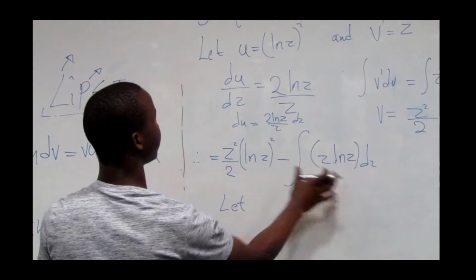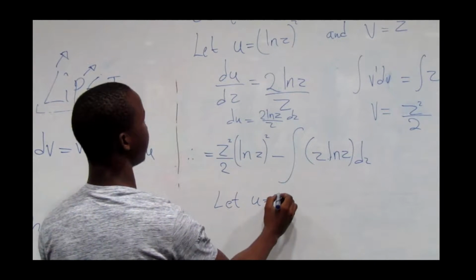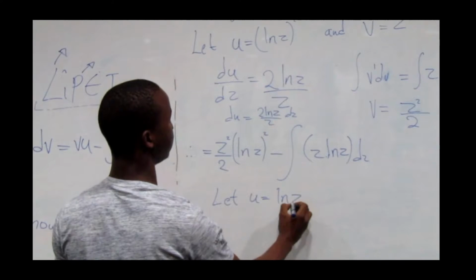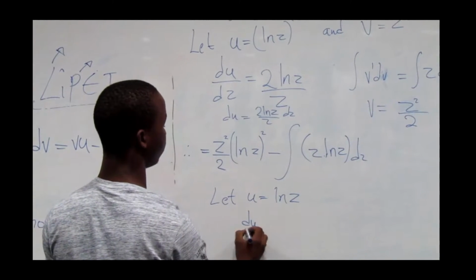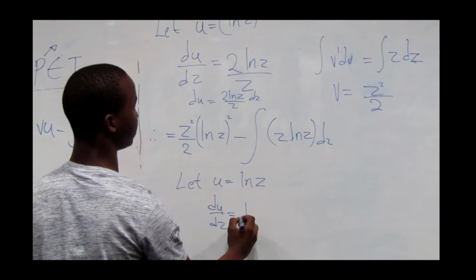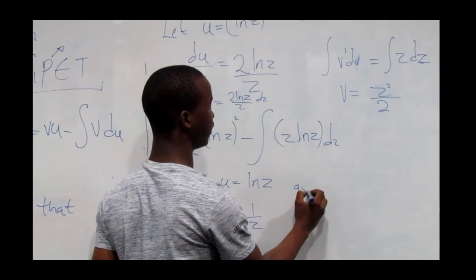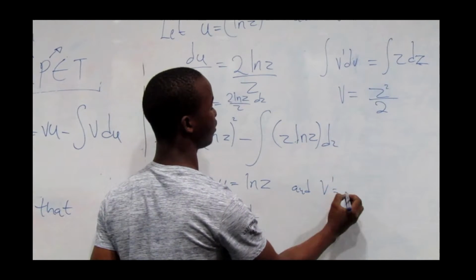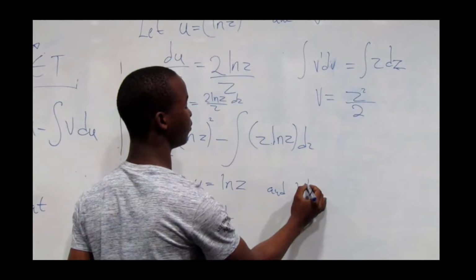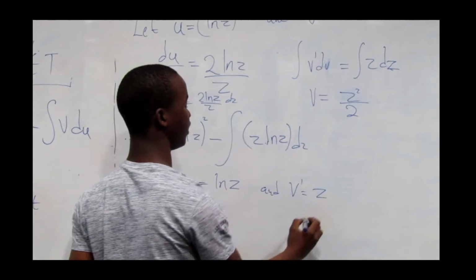Then we're going to say let u be our ln, because it's the first letter that we are having. We take this equation again, ignore this one. Let u equal ln z, then du/dz is equal to 1 over z, and v prime is equal to z.